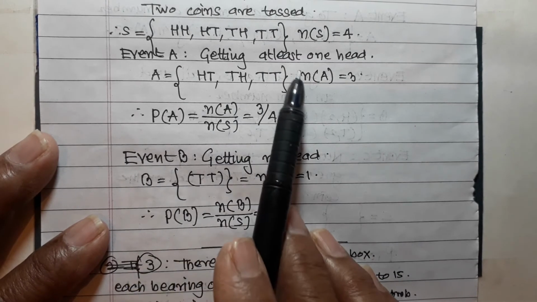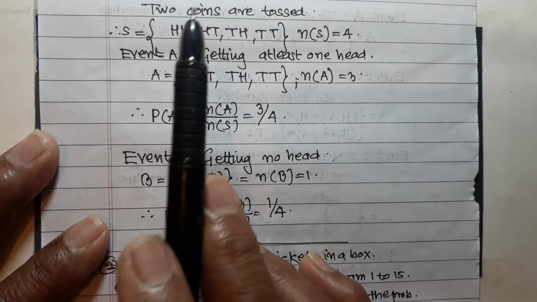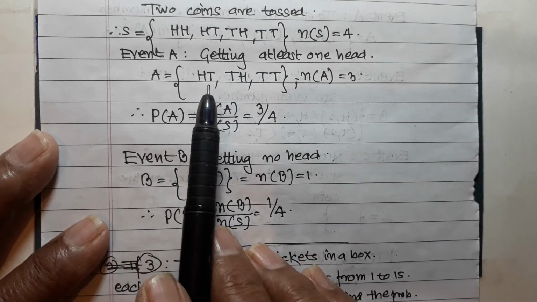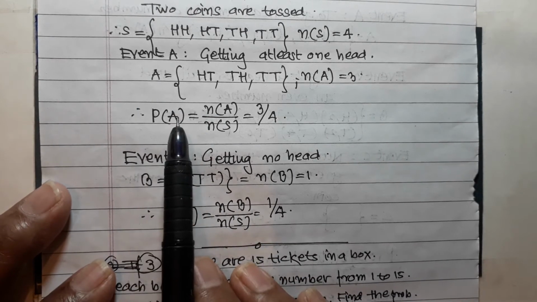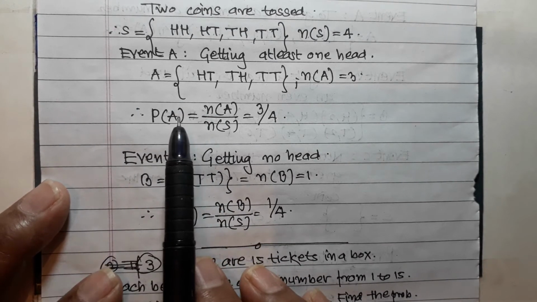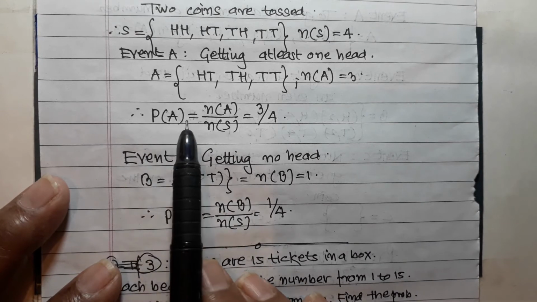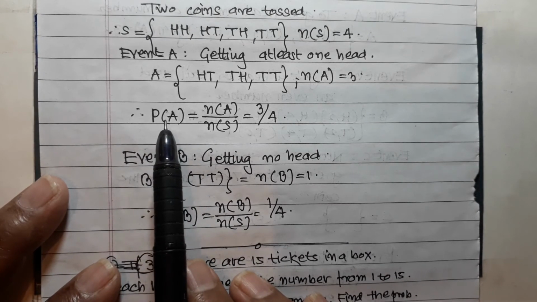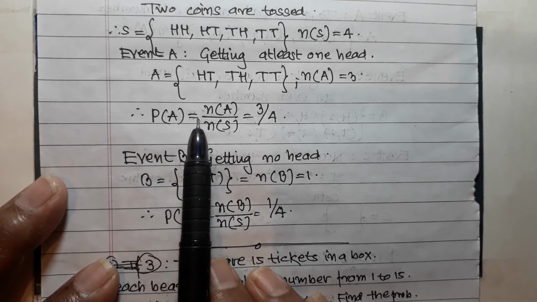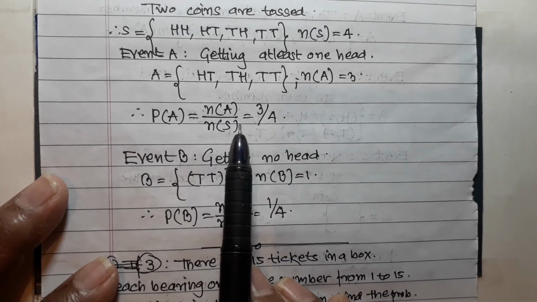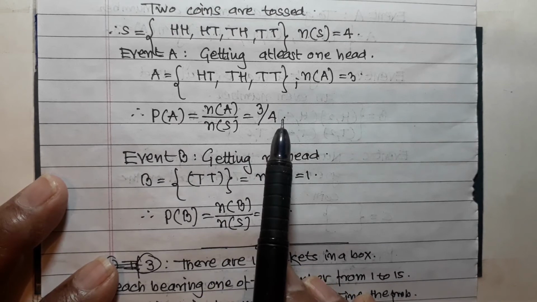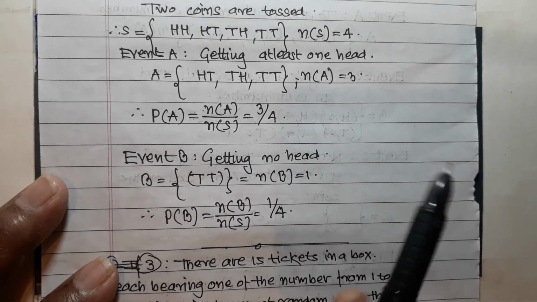These are favorable outcomes from sample space S for event A, and therefore P(A), using the formula, the probability of event A is equal to n(A) upon n(S), is equal to 3 upon 4.